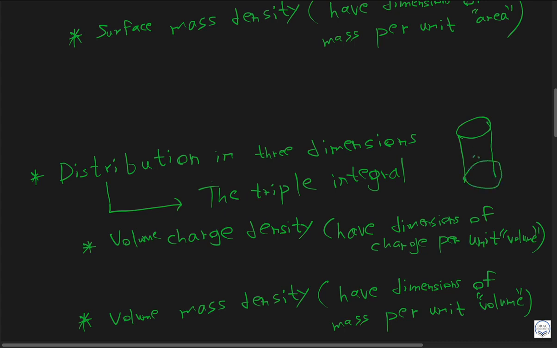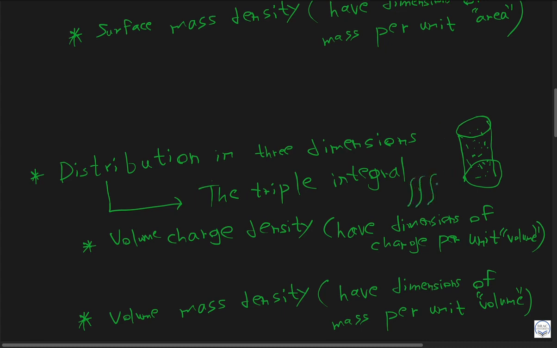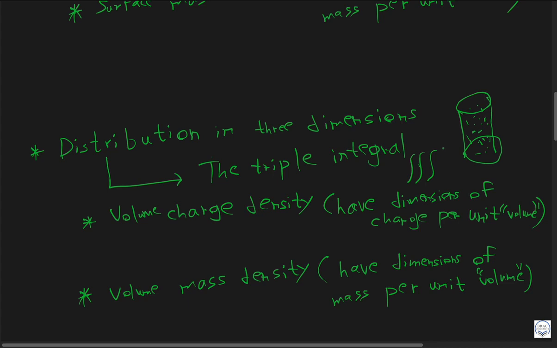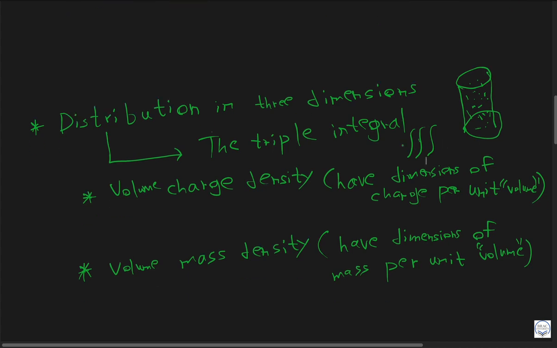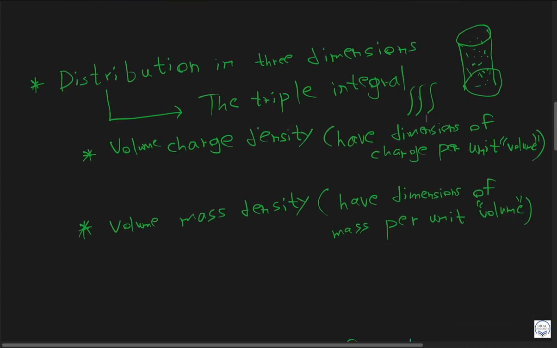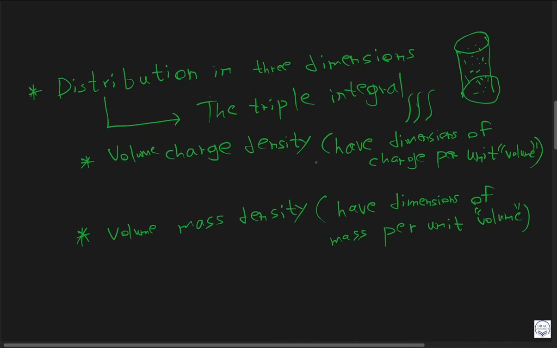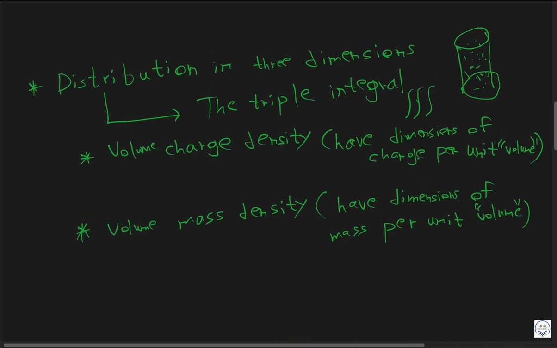Points within the cylinder are in three dimensions, and if we want to integrate in a way that covers all the points of the domain, we need to use the triple integral. We will show some examples of triple integrals in next week's lecture. For now, we will focus on examples of applications of double integrals.